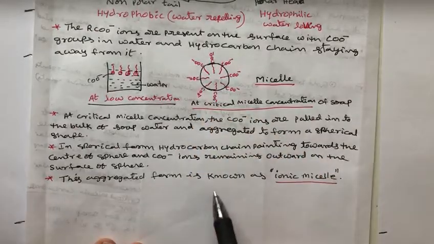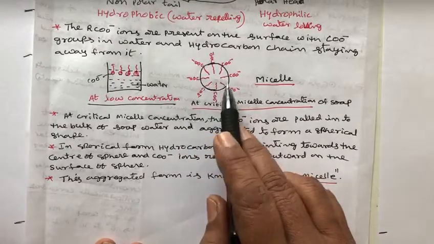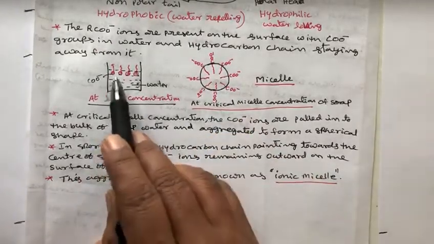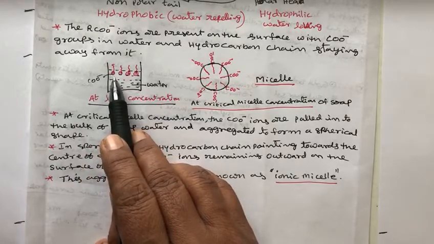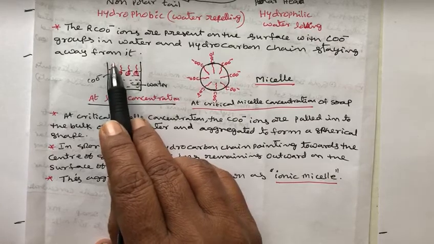This aggregated form is known as ionic micelle.